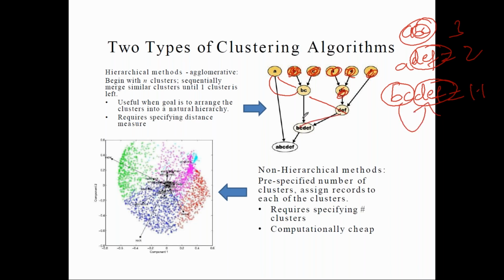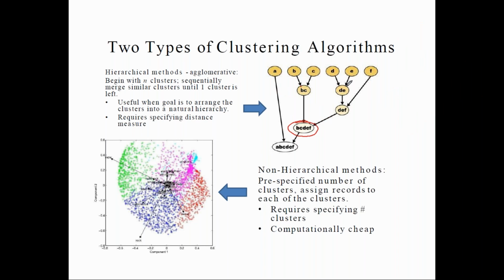This will form one cluster, and ultimately you are left with only A and this cluster. So ultimately it forms one big cluster. This is how your hierarchical clustering works.